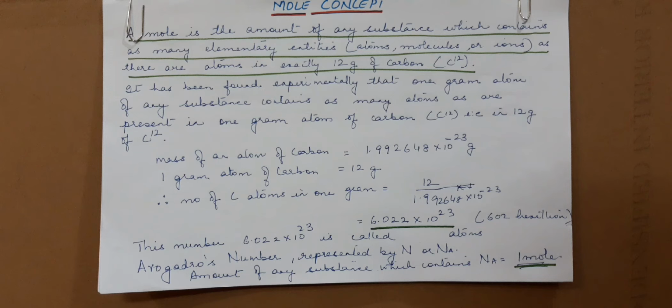Now it is important to know that while we use the term mole, we must specify the kind of particles, because the amount of a substance changes with the change in the nature of particles.